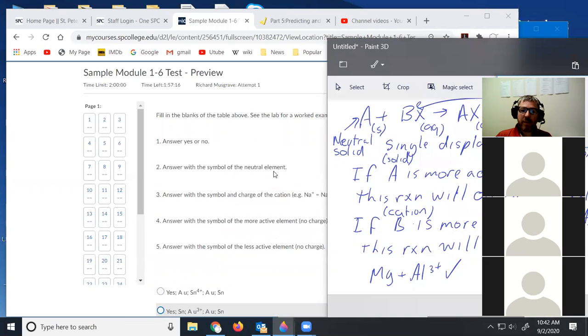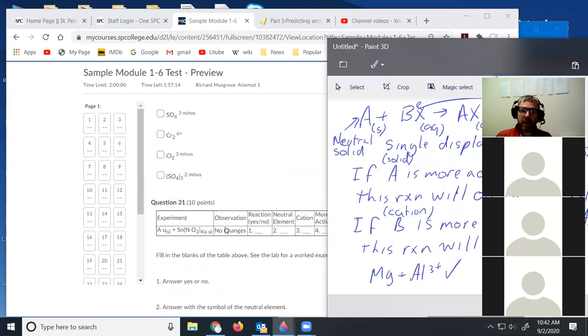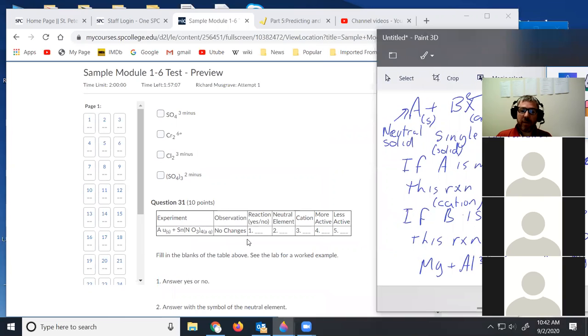Now, had there been some sort of reaction here, then the answer would have been gold, would have been the more active. So that's the difference there. If there's no changes, it means the cation's more active. The element that forms a cation is more active. And then if there is a reaction, then it means that the one that's solid is the more active of the two elements. That's all there is to it.